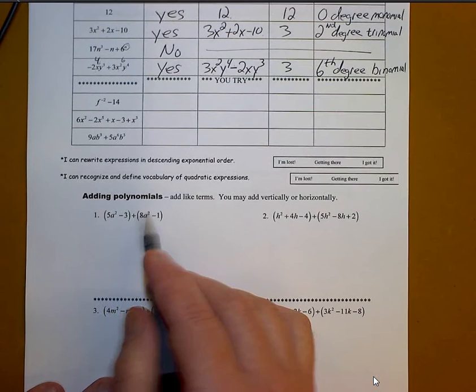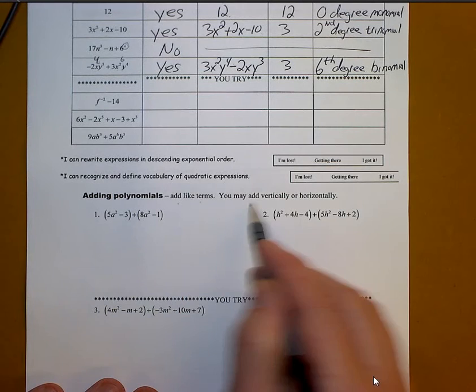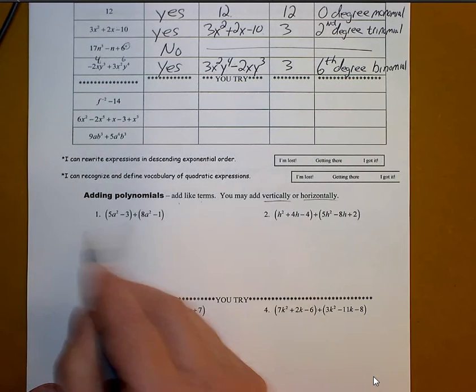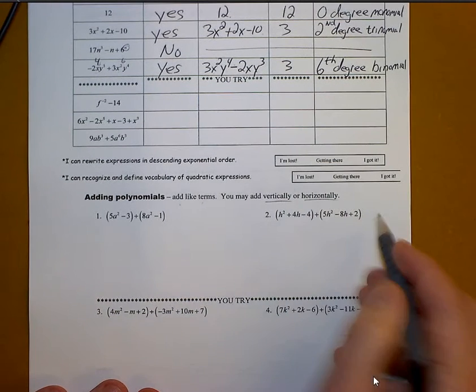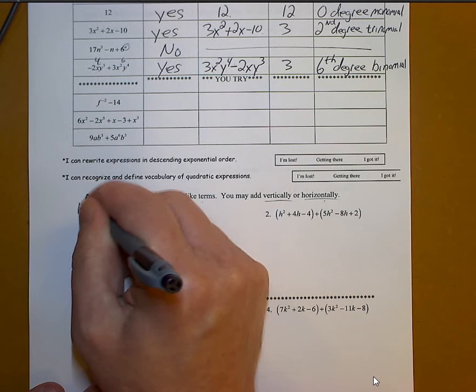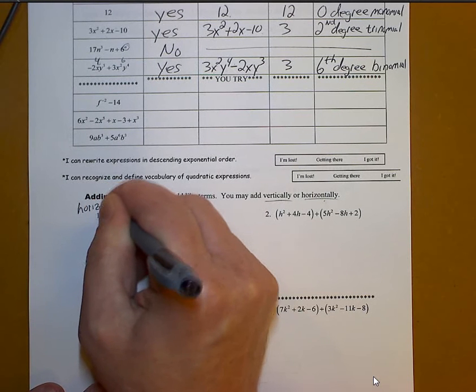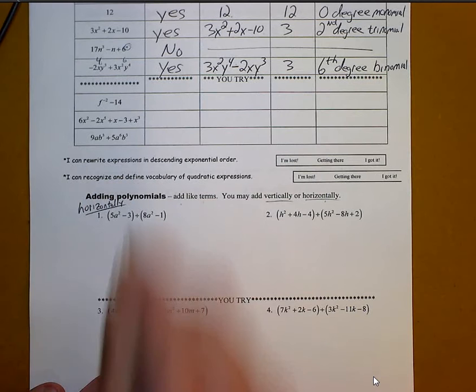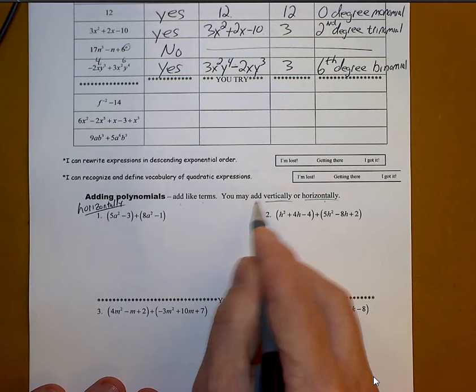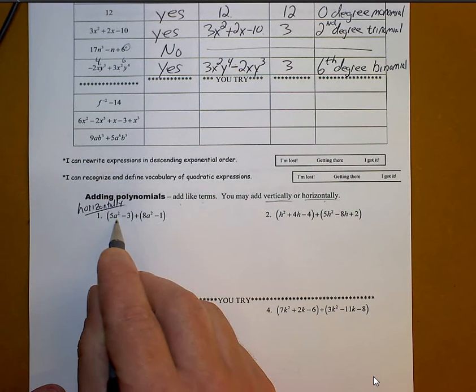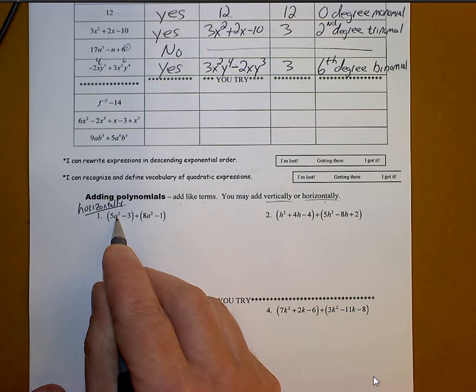Adding polynomials. So we add like terms. You may add vertically or horizontally. I'm going to do both here. So I'm going to try horizontally first. You can do either one. We add like terms. Like terms mean they have to have the same variable and the same exponent.